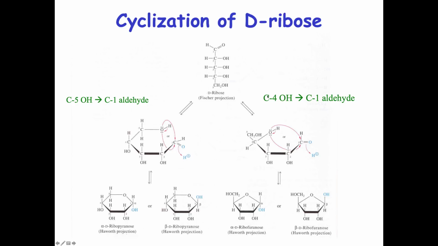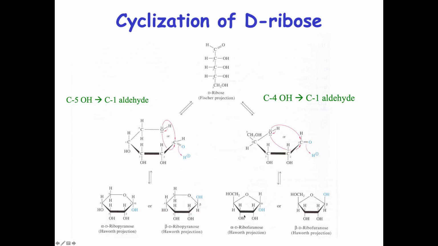If the C4 hydroxyl group attacks the C1 aldehyde, you get the formation of a furanose. So now we have this 5-membered ring. The alpha has the hydroxyl group pointing down, and the beta has the hydroxyl group pointing up. Now what's kind of interesting is that in solution, about 80% of ribose exists as a pyranose, this 6-membered ring.